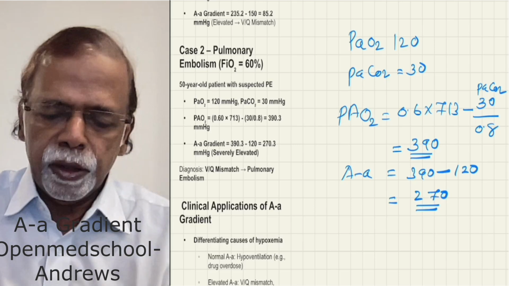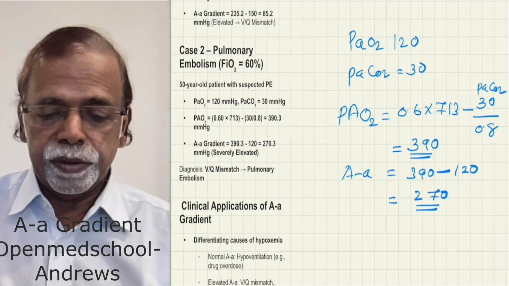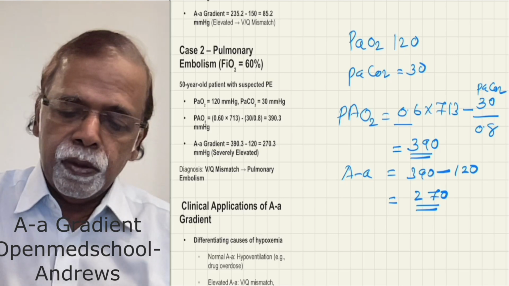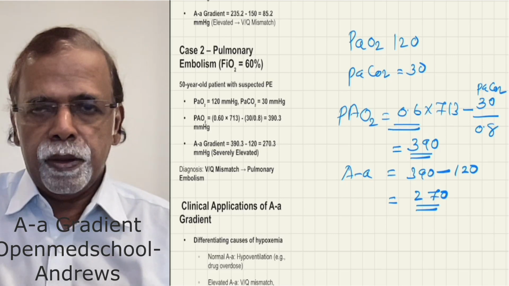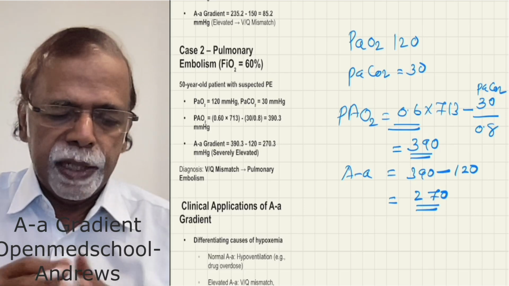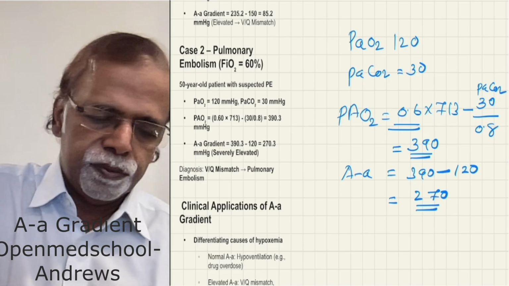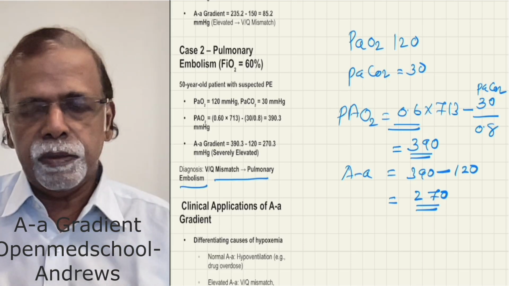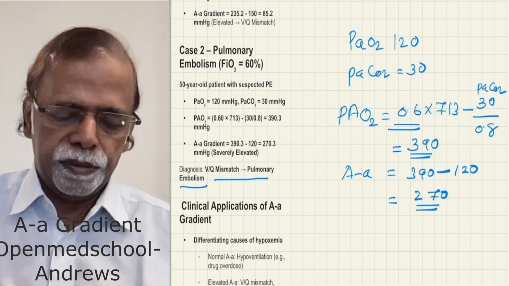So the patient has got a high AA gradient. The patient is on 0.6 FiO₂. So this is a typical example of a VQ mismatch and is consistent with pulmonary embolism in the appropriate clinical setting.